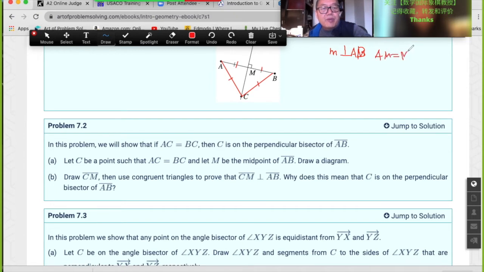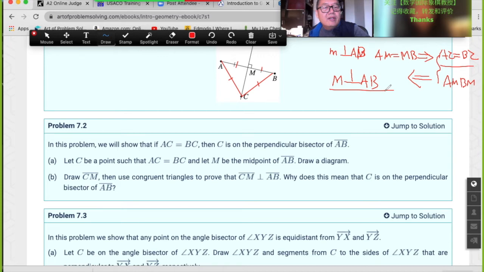In the previous problem, they give you this. Then they ask you to prove AC equals BC. So we already proved that. Now they ask you to go back: from AC equals BC, and they also give you AM equals BM, they ask you to combine these two to prove that CM is perpendicular to AB.